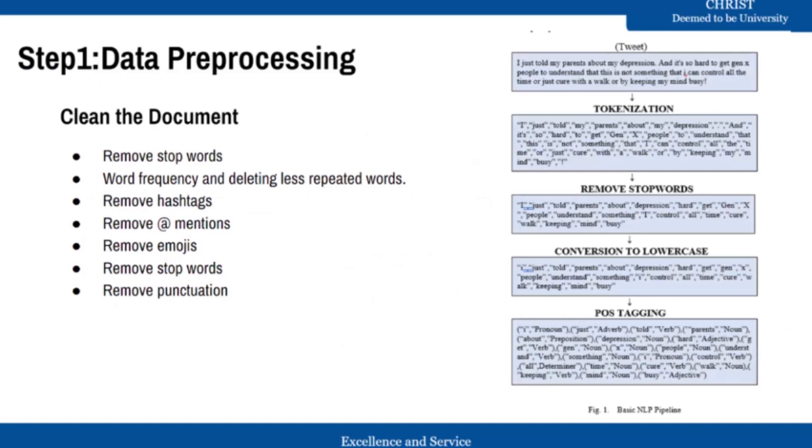The system can't really go through data which has all the noise in it. So, to remove the noise, we did data pre-processing, which includes tokenization, removal of stop words, conversion to lowercase, and POS tagging.